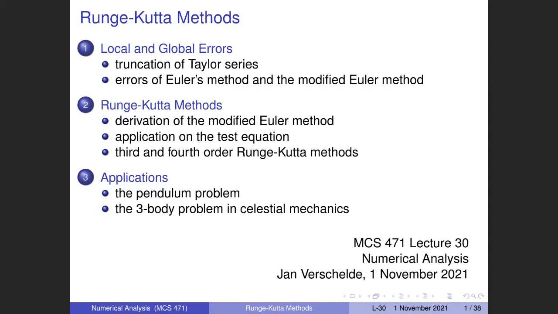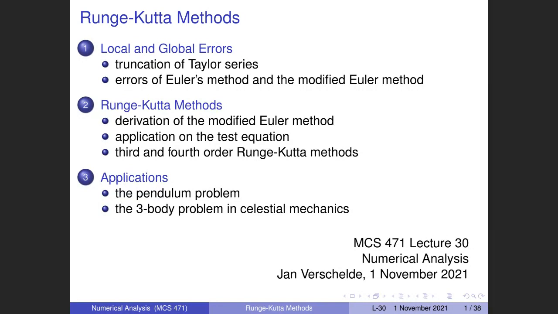The modified Euler method is a two-stage Runge-Kutta method. The advantage is that we can derive higher order methods.